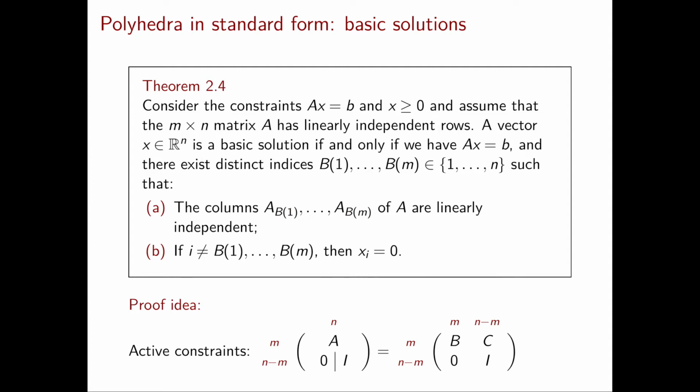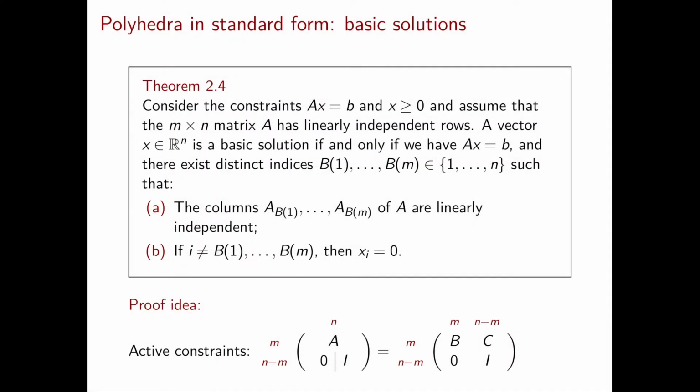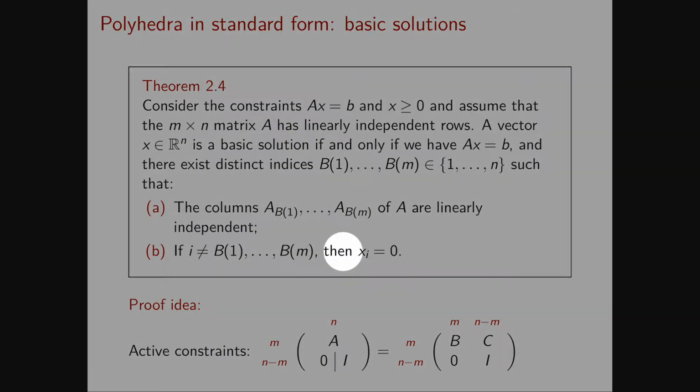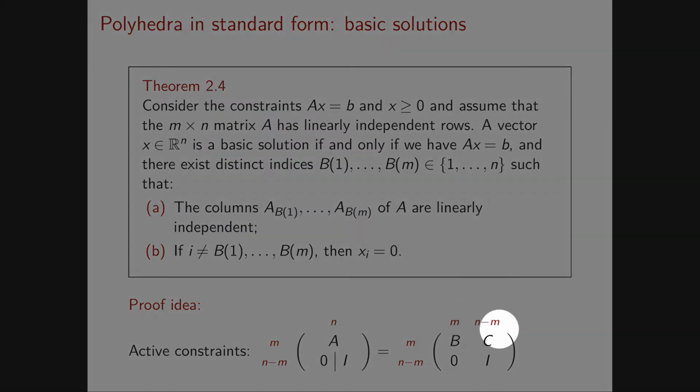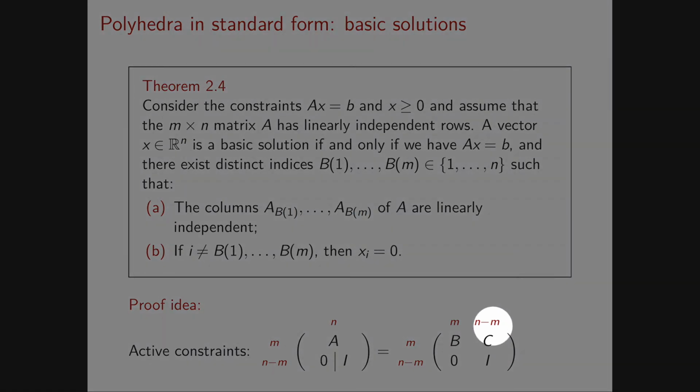In particular, when we said that the columns of B must be linearly independent, this is exactly what point A here says: the columns A_B1 until A_Bm of A are linearly independent. On the other hand, point B says if i is different from B1 until Bm, then x_i = 0. In our argument, the indices that are not B1 until Bm are the last n minus m, and they are exactly those for which I have the constraint x_i = 0, as written here.